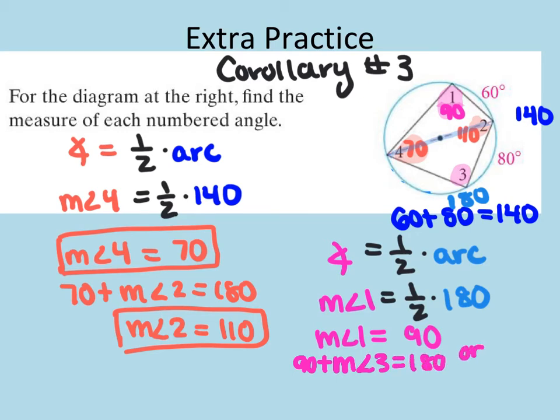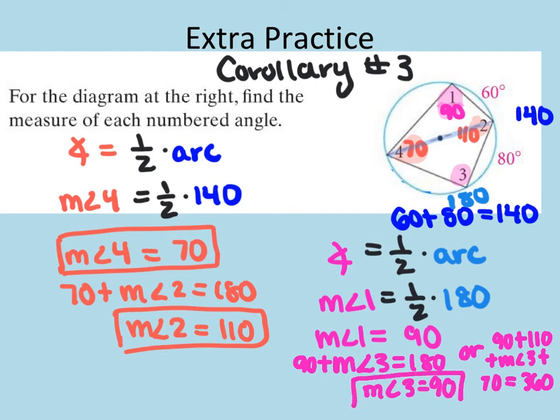Or you could use the fact that they all should add to 360. So 90 plus 110 plus angle 3 plus 70 should add to equal 360. But either way you do it is going to give you a final answer that the measure of angle 3 equals 90, giving us the measure of all of our angles.